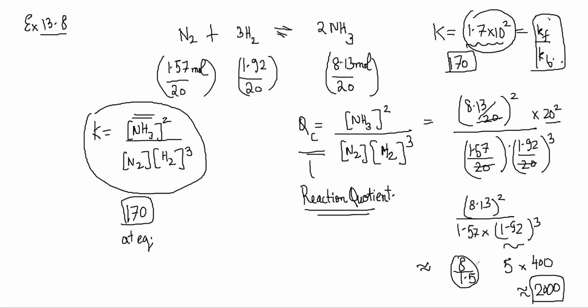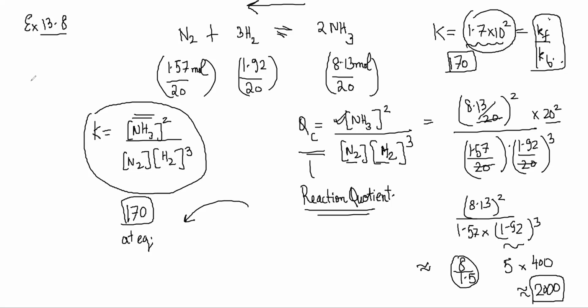So at the initial moment, we see that NH3 is much more than what is required at equilibrium. The numerator is bigger. So actually the backward reaction should happen more, so that NH3 reduces and the ratio comes down to 170.